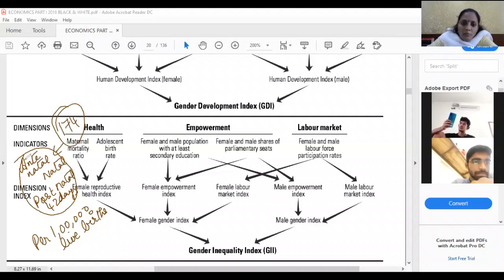And you combine that word with the birth rate. So adolescents giving birth is what is called the adolescent birth rate. If a girl belonging to the age of 13 to 19 is giving birth, what will be the implications? Either the mother will die or the child will die, or they both will be in very poor health.